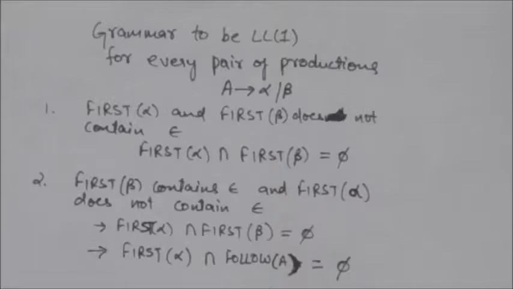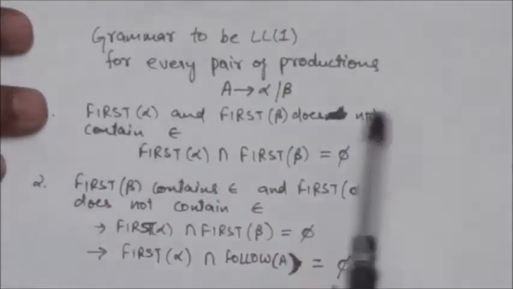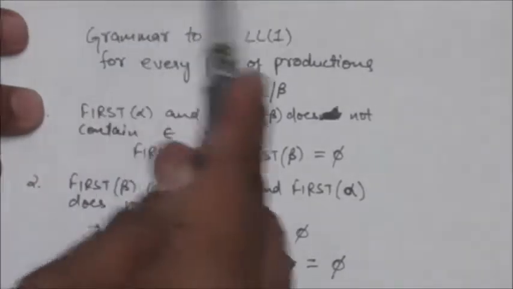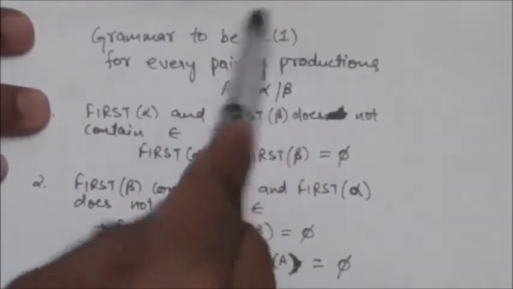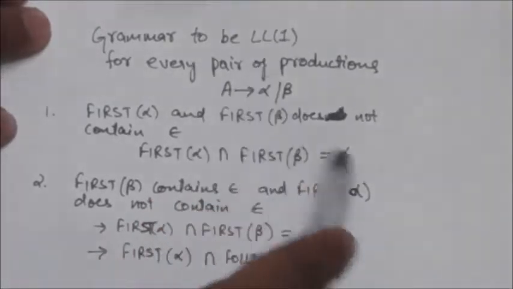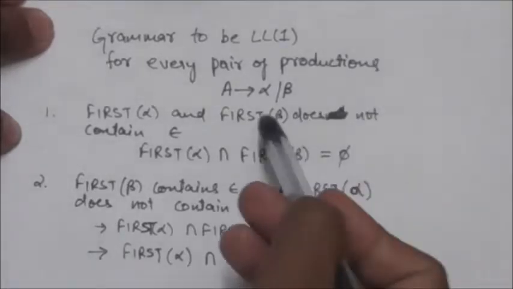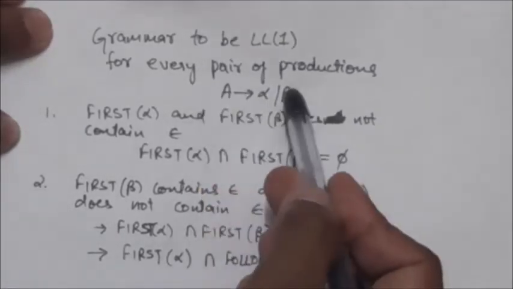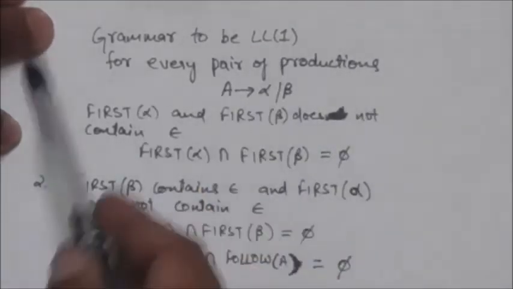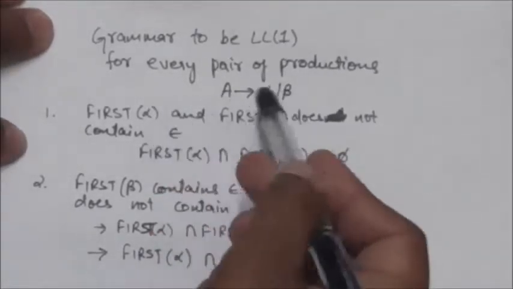Now how can we find out whether a given grammar is an LL1 grammar or not? To check this, we have an algorithm. For every pair of productions of the forms A derives alpha and A derives beta, we have to find first of alpha and first of beta.